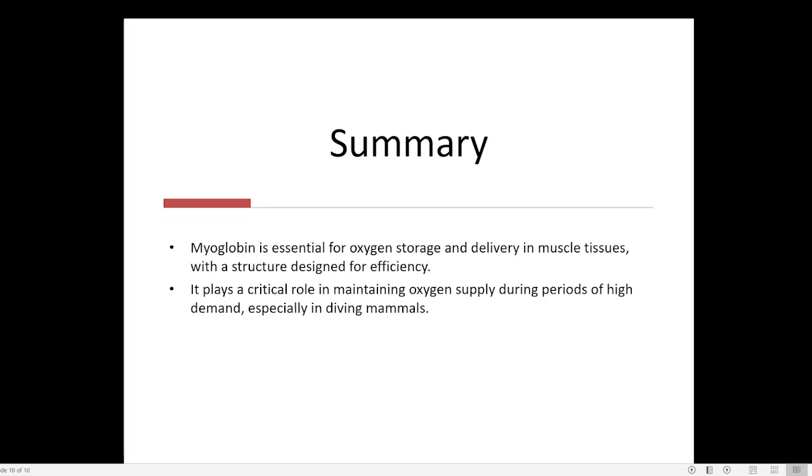So that is the main function of myoglobin. It is acting as a storage organ for oxygen. It also helps in quickly releasing oxygen when there is a necessity for a lot of oxygen. And it is also present in higher amounts in aquatic mammals, or diving mammals.